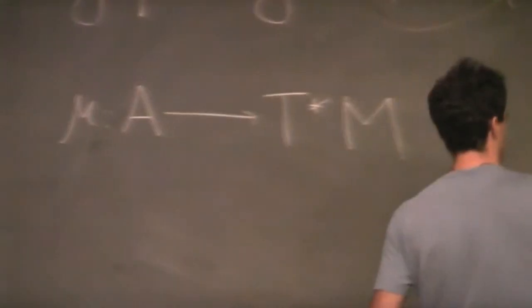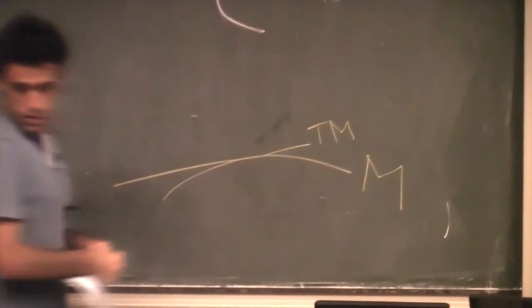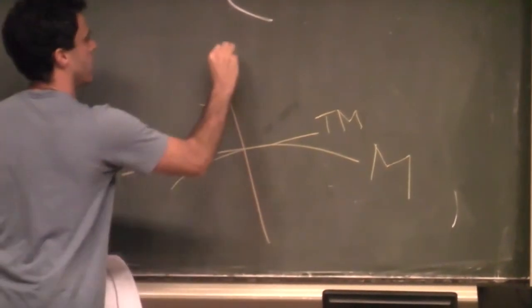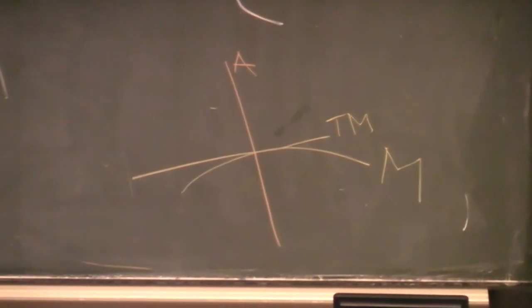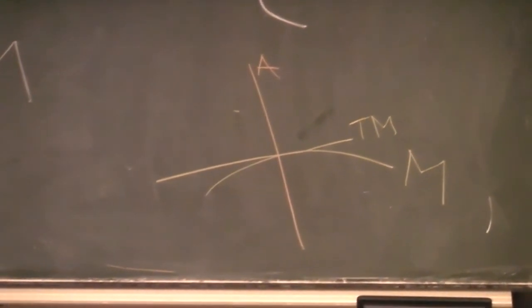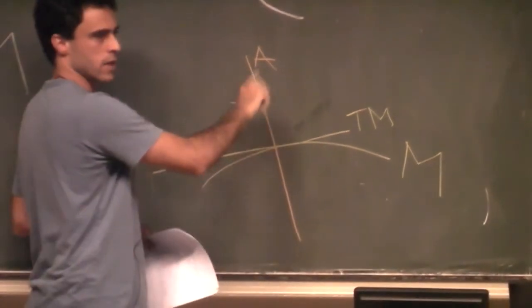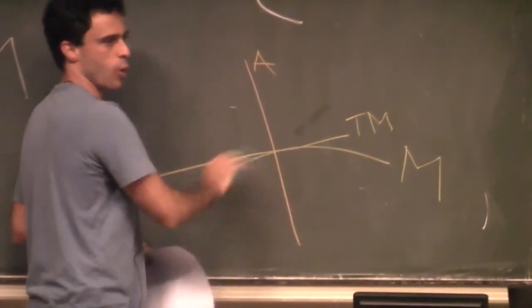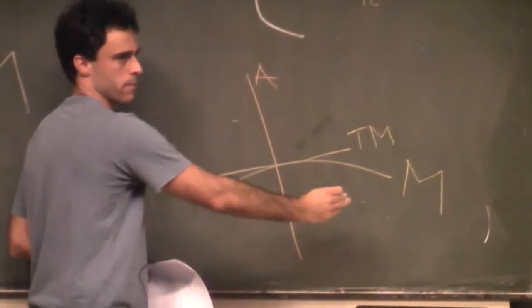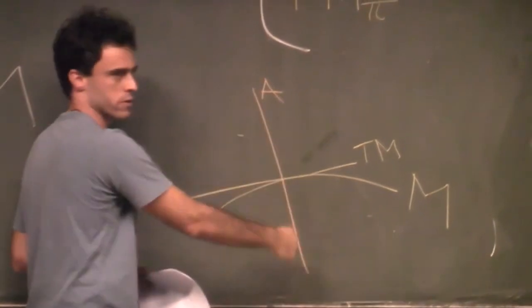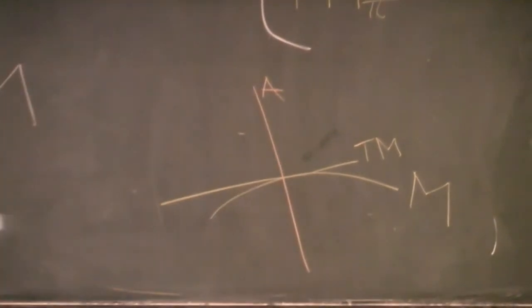Notice that if I draw the base here, M, so here is TM, and the Lie algebroid is transversal here. So TM plus A gives the whole tangent space of the Lie groupoid over the identity. This is just because the source fibers are submersions.